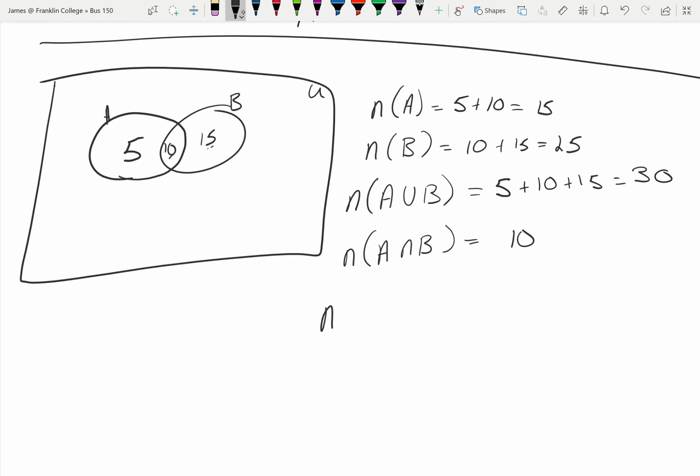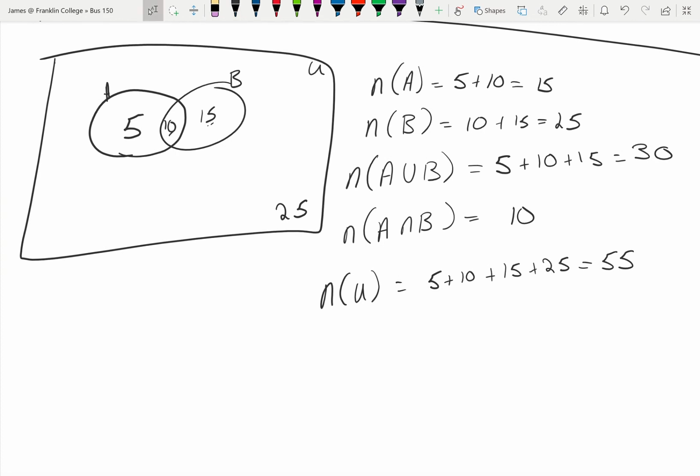Alright, let's say the number of elements that's in the universal set. Well, that's all of our possible areas. So 5 plus 10 plus 15 plus 25. It should equal 55. Alright, so the number of elements that's in A complement.